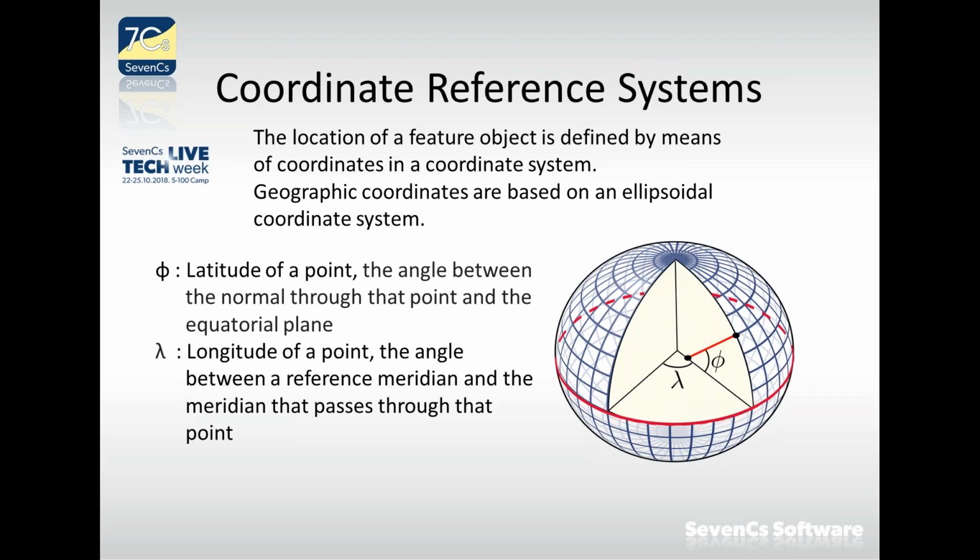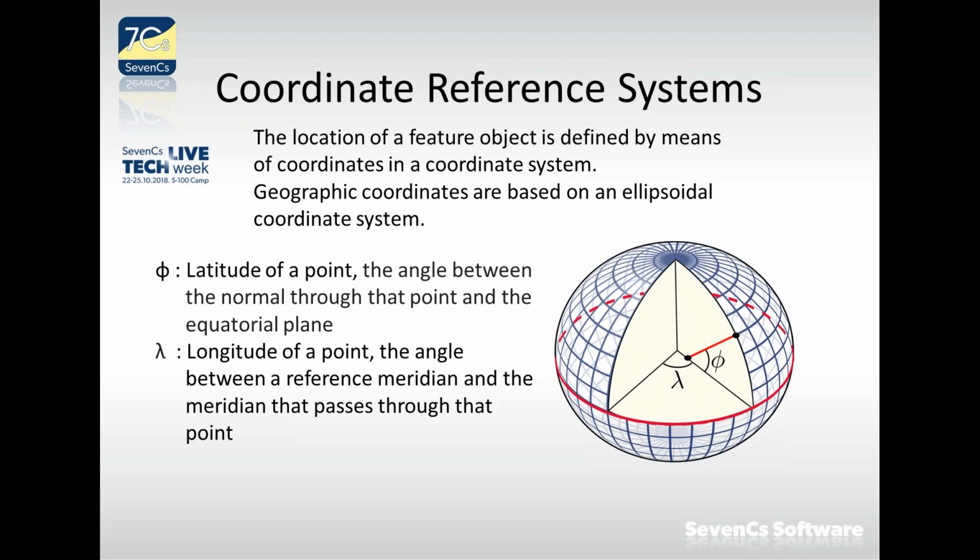And we have two coordinates, as you might know. The latitude is the angle between the normal through a point and the equatorial plane. Have a look at the little picture here, and you see that the red line from the point to the equatorial plane does not go to the center of the Earth.